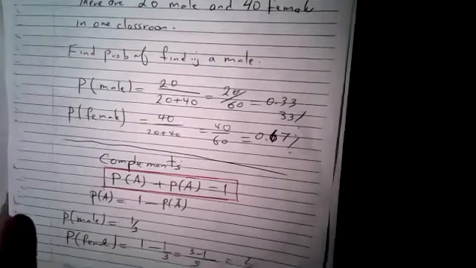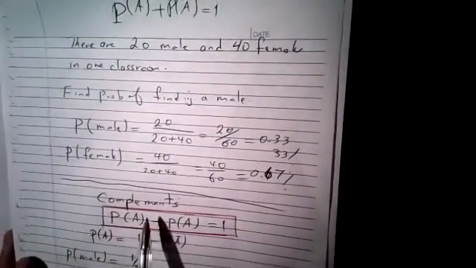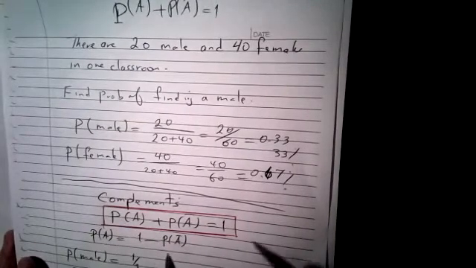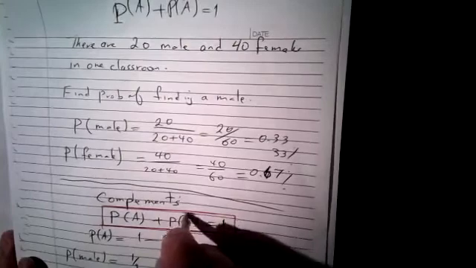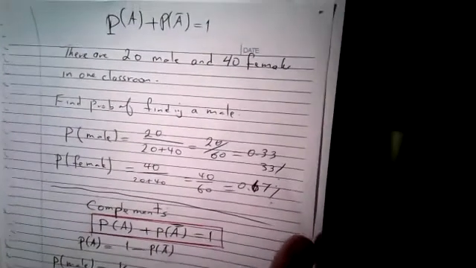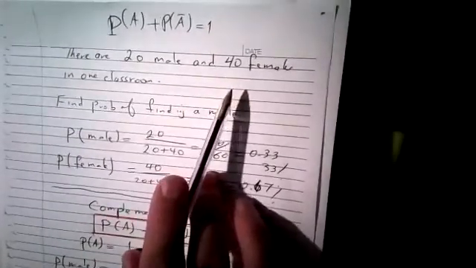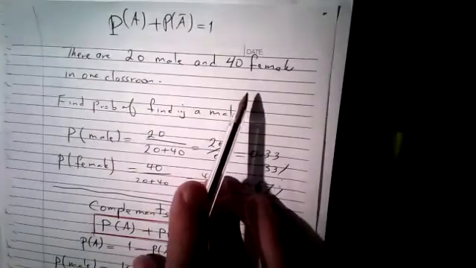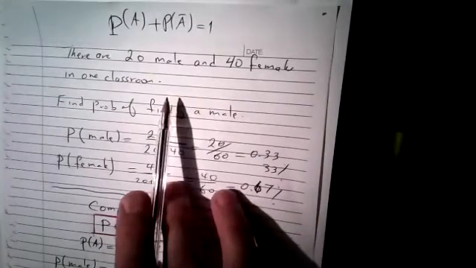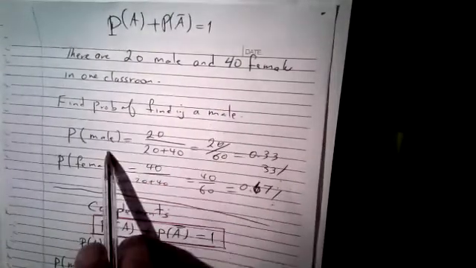Now here we have this formula: probability of A plus probability of A bar equals 1. Let's say there is a class with 20 males and 40 females in one classroom. If you go outside of the class and randomly select one student, or call one student to leave the room, what's the probability of the person being a male?